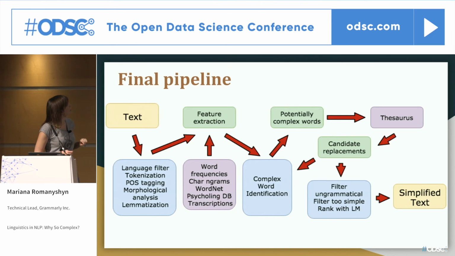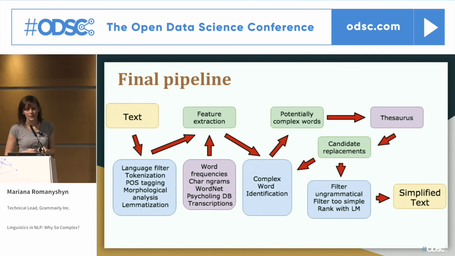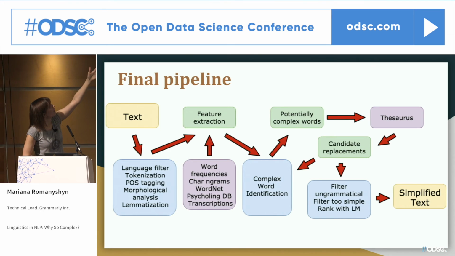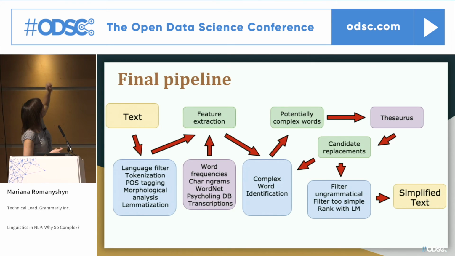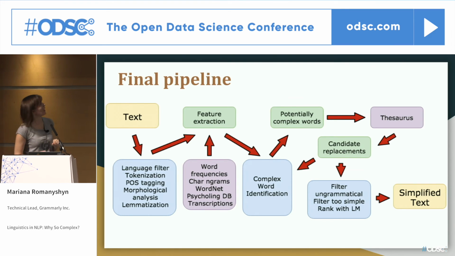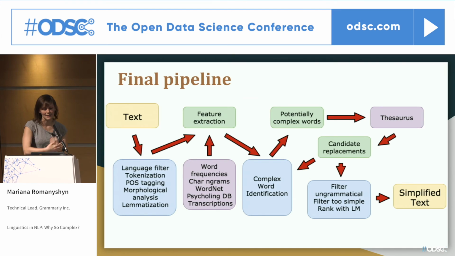Given these features, you can build a complex word identification model that will identify potentially complex words in your text. After that, you would use lemmas and parts of speech to do a lookup in the thesaurus and get potential candidate replacements.